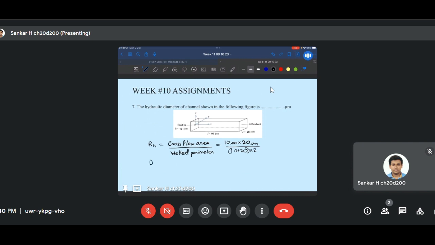And the hydraulic diameter is basically 4 times the hydraulic radius, so which is 4 times 10 times 20 by 60. And this would give the answer as 13.33 micron.